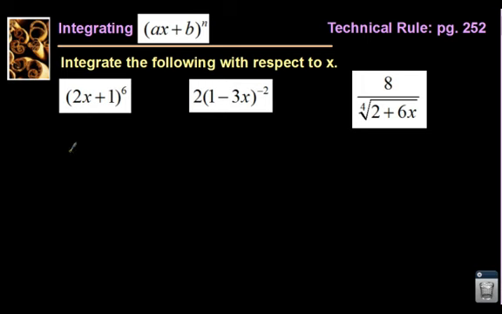So the first thing we're going to do is look at our a value, which in this case is 2. And we're going to say 1 divided by a, which in this case is 2. Then we move to the outside and find our new exponent.